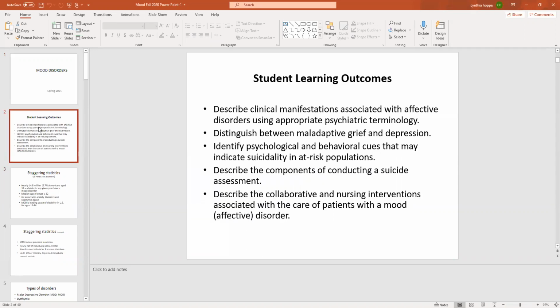All right, let's look at the student learning outcomes. Now, I want you to really focus on these SLO sheets and pull out that information in the pages that's on the SLO sheet. What is really important for this content. And really, it's how to take care of someone who is depressed, safety considerations, suicide assessment, bipolar disorder, and dysthymia and cyclothymia.